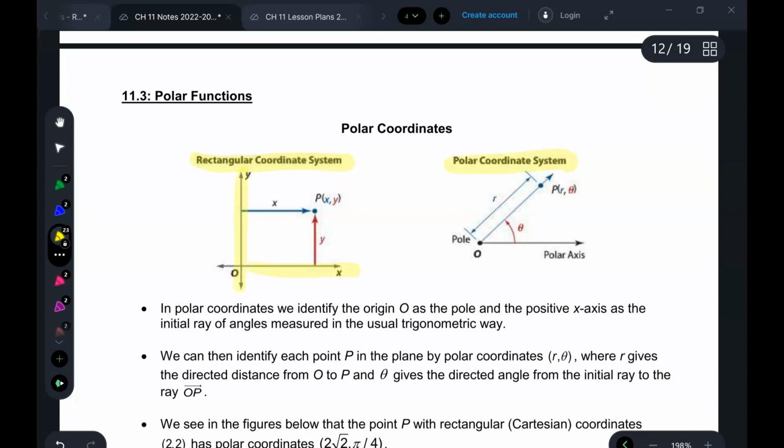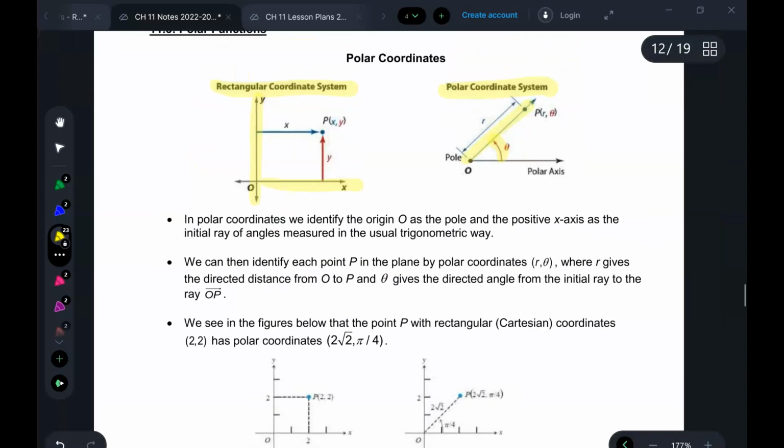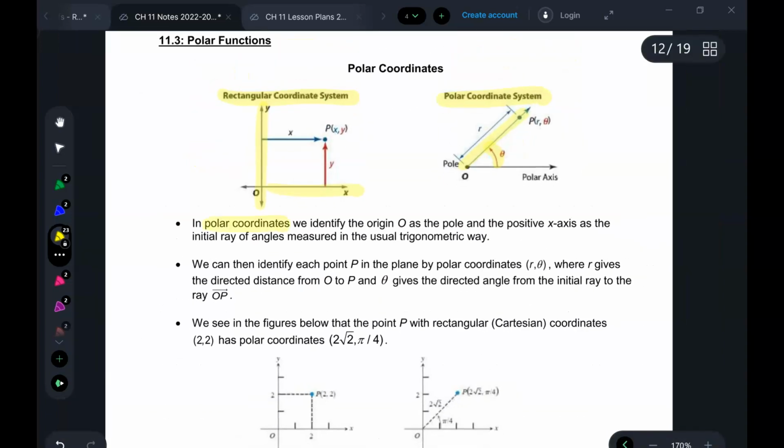When we work with a polar coordinate system, we work with an angle theta as well as r for our radius. In polar coordinates, just a reminder, the origin O we call the pole, and the positive x-axis is the initial ray.